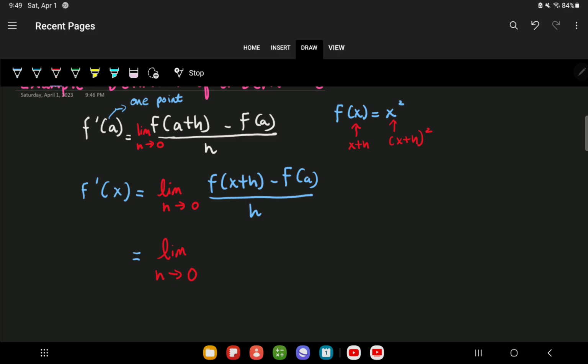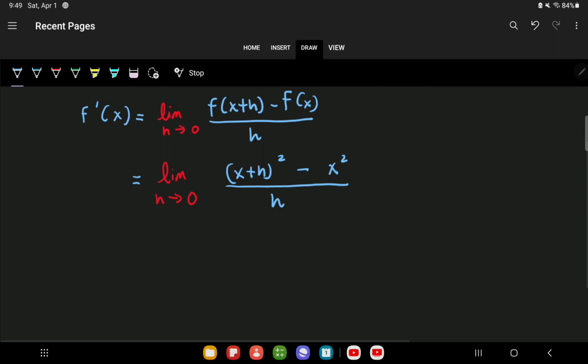So that x squared actually now becomes the quantity x plus h squared. And this is actually f of x minus f of x, which is just the original function x squared, all over h. And that's the basic setup.